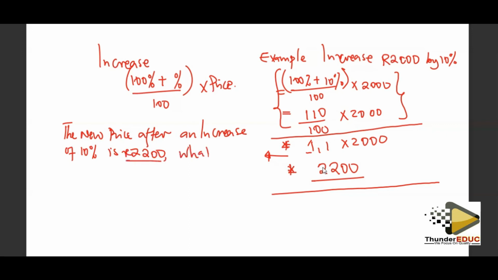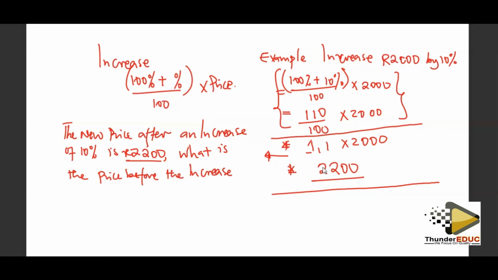What is the price before the increment? What was the original price before the increase?